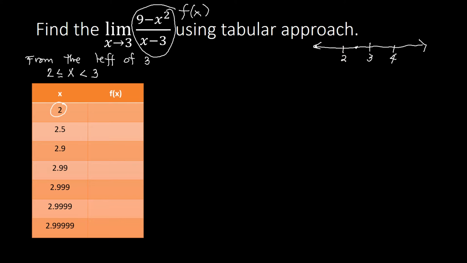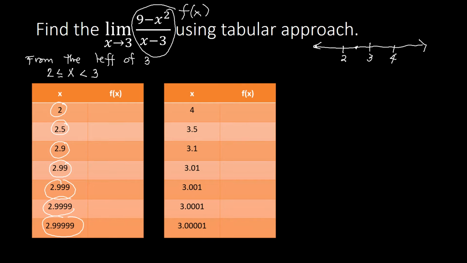Then we move a bit closer to 3, so we can consider 2.9. Moving closer again, 2.99, then 2.999, 2.9999, and lastly 2.99999.